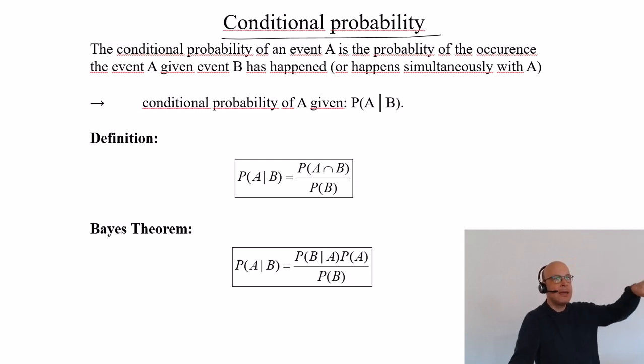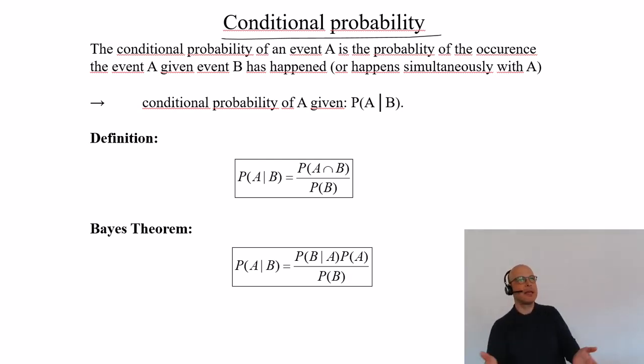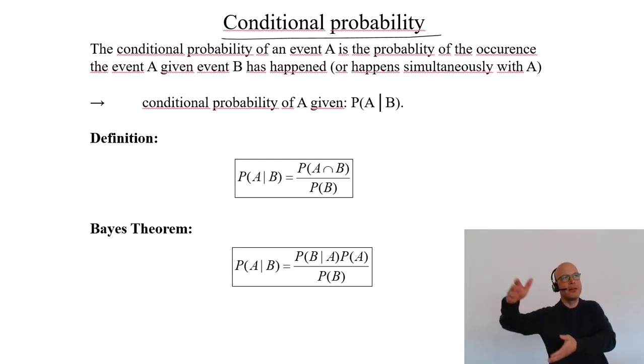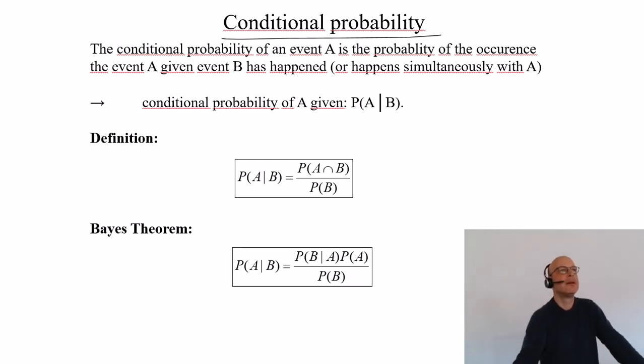So A is chosen out of the sample space of the length of people, and overall mankind can have a length between 1 meter and 2.50 meters overall. And then we can ask, well, what is the probability to have a length within the interval 1.60 meters to 1.70 meters under the condition that I have a female person.